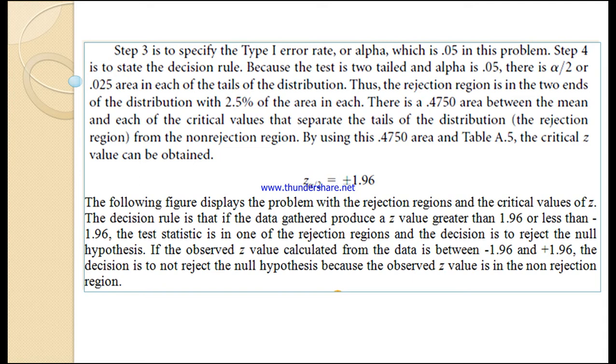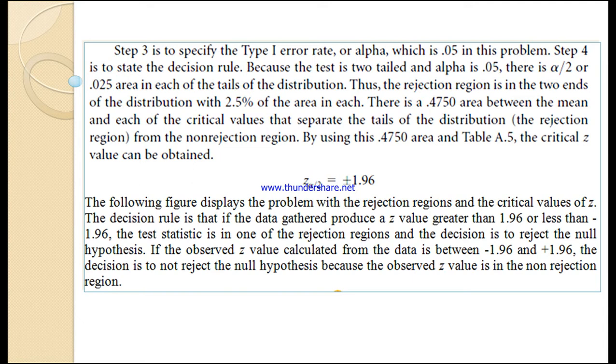The next step is stating the decision rule. And because the test is two-tailed and the alpha is 0.05 or 5%, there is alpha over 2 or 0.025, which means 0.05 divided by 2 is 0.025.